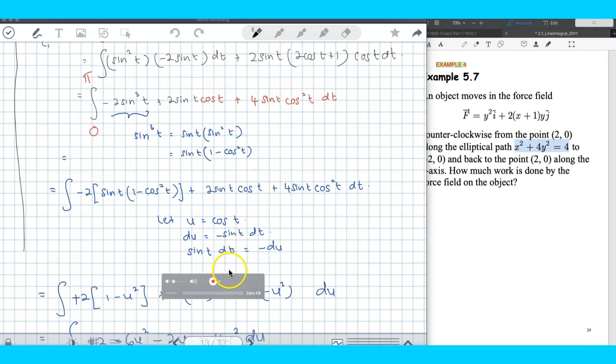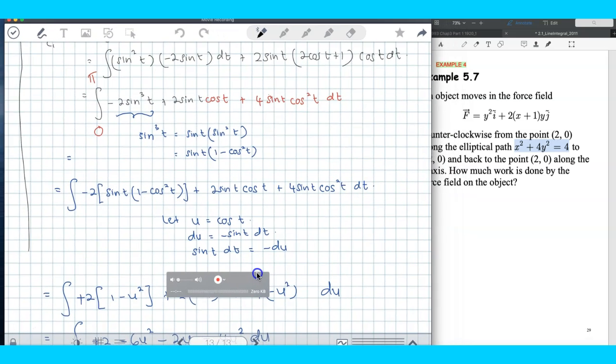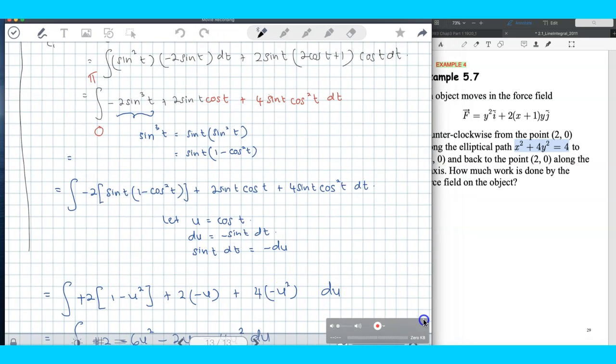So when I let u equal to cos t, the sine t outside here, the sine t over here, and the sine t over here can be cancelled out. So we have to transform everything in terms of u. I differentiate u with respect to t, so I have minus sine t.